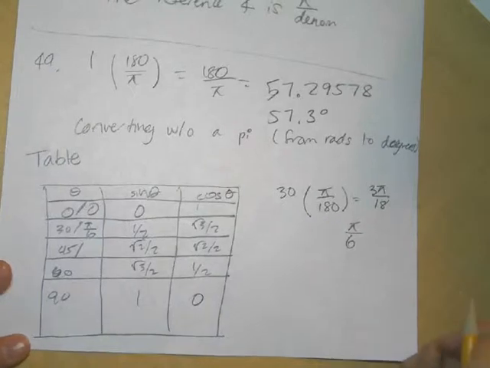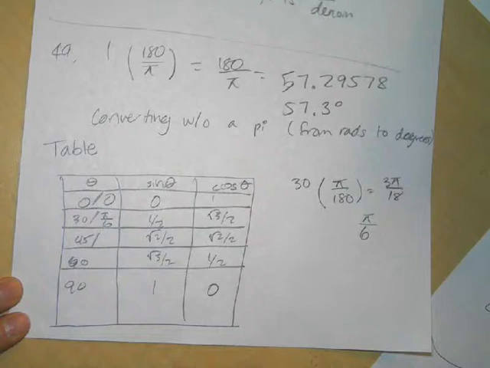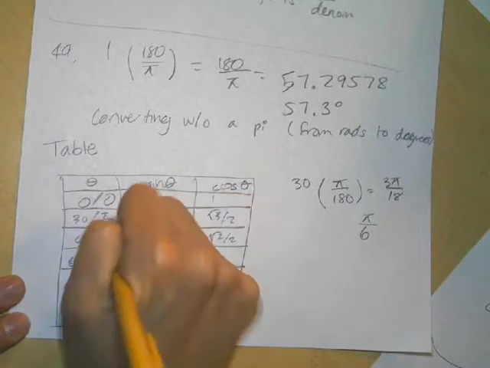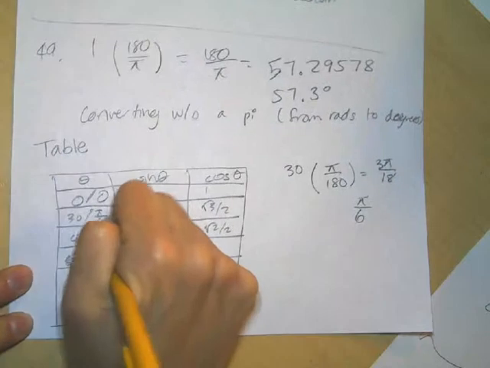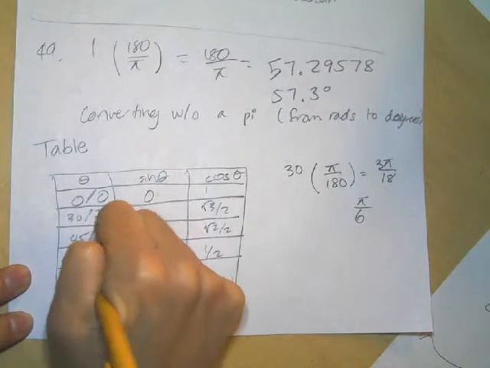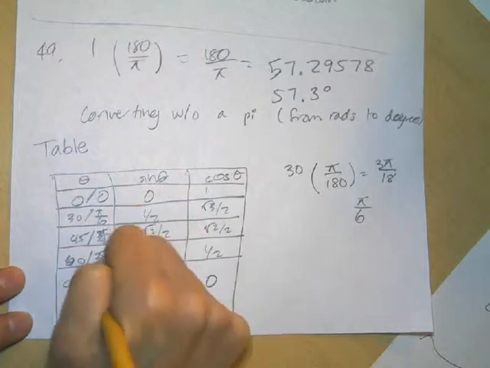Does anybody know? I just had them written over here. Right above here. Pi over 4. So 45 is pi over 4. Oh, and 60 is pi over 3. 90 is pi over 2.